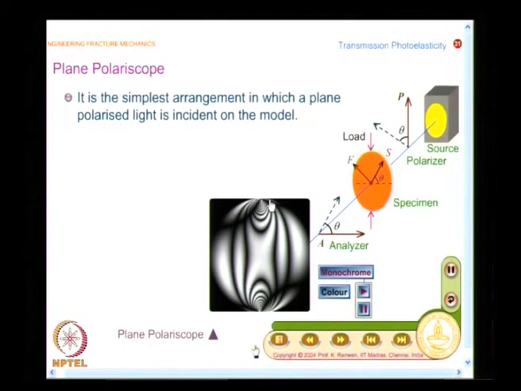You need to make a neat sketch of it. You first worry about the light source, put the polarizer, put the model and put the analyzer. This is the simplest arrangement, in which plane polarized light is incident on the model.